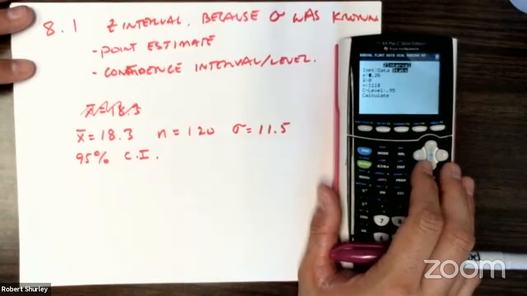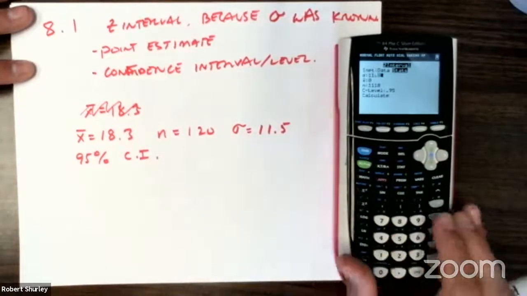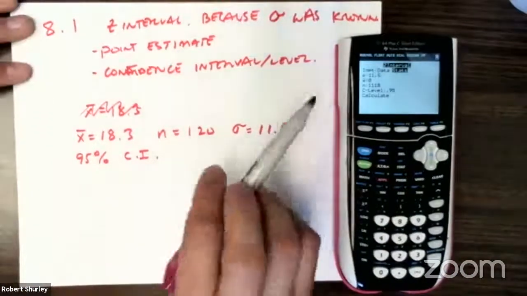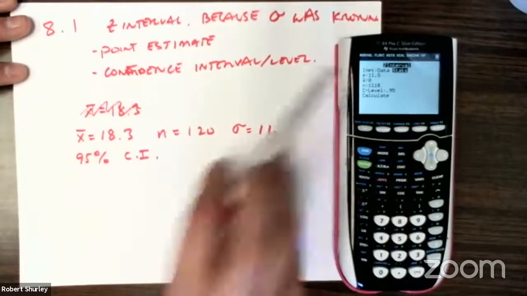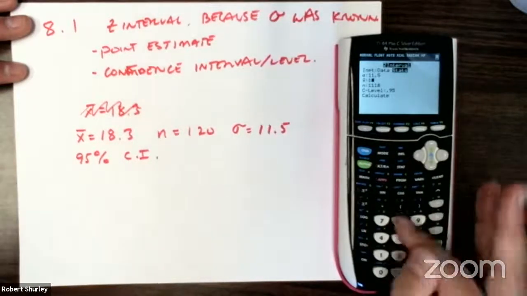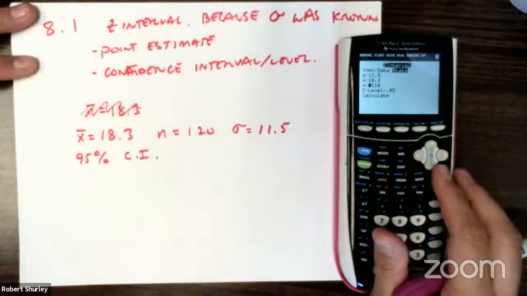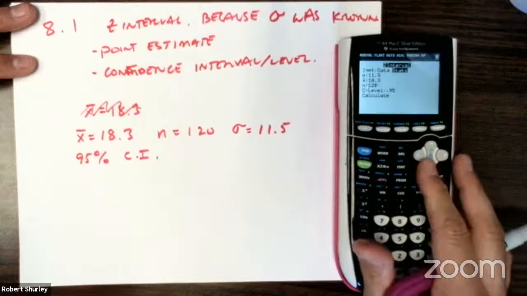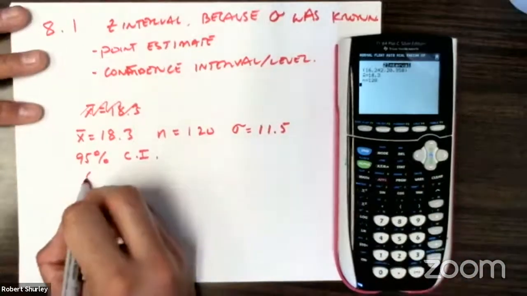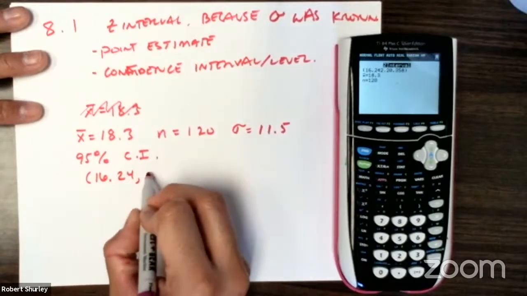So we know the stats, and we know that sigma is 11.5. The calculator kind of lets you, I'm not going to say cheat, but the sigma's right there, right? And it says S for the other one. 18.3 is our mean, and our n was 120, and we still have the right interval in there. So this would be 16.24 to 20.36.